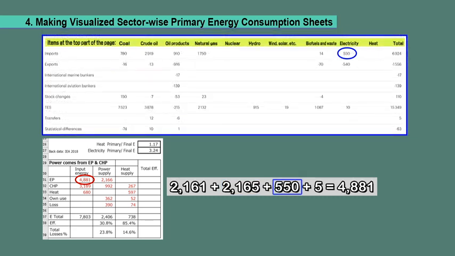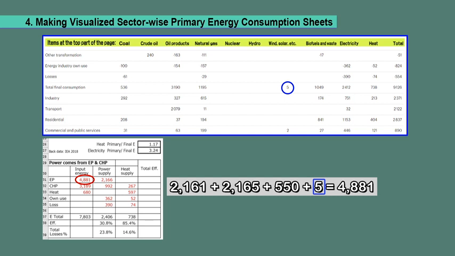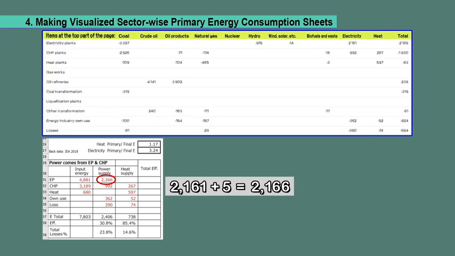Imports of electricity is 550. The last value, 5, is from on-site power generation for wind, solar, etc. They are all the energy input involved in the generation of electricity. The total is 4,881.